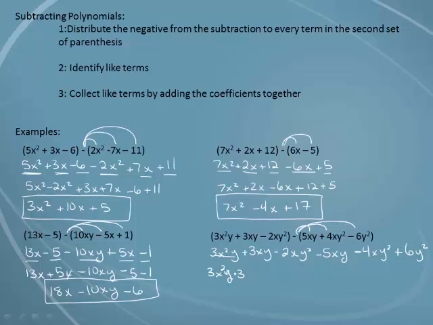And then I have 3xy and minus 5xy, those are like terms. Negative 2xy squared minus 4xy squared are like terms. And then 6y squared is alone. 3 minus 5 is negative 2. Negative 2 and negative 4 is negative 6, plus 6y squared.